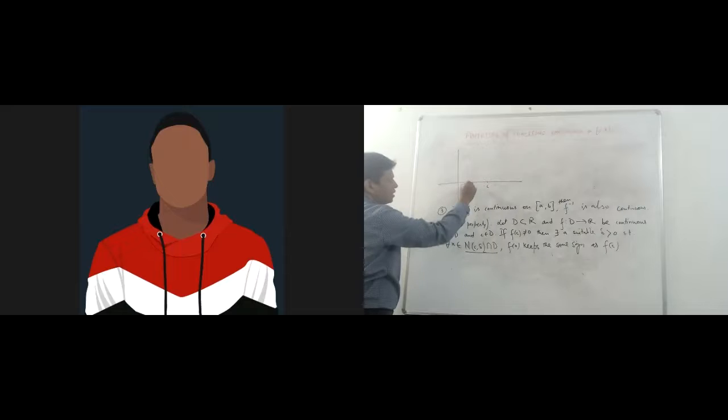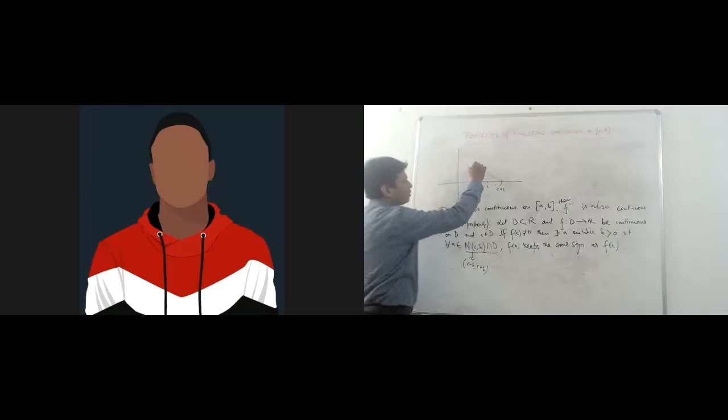Suppose this is c, and this is the domain of real numbers. This is the neighborhood of c: c minus delta, c plus delta. That is the meaning of N(c, delta). So x belongs to this, and this is the function.